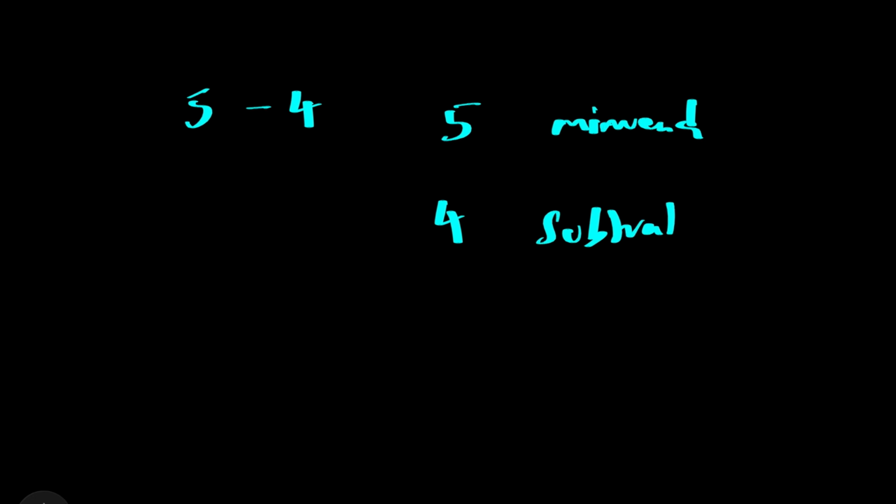So now let's go with a very simple example. We have a decimal number like 5, and we are going to do a subtraction, 5 minus 4. So now 5 is the minuend, 4 is the subtrahend.